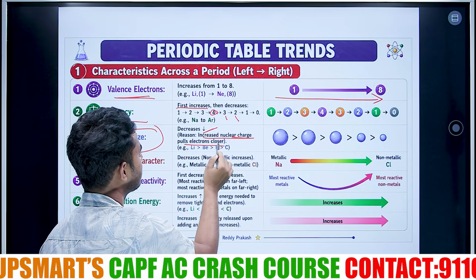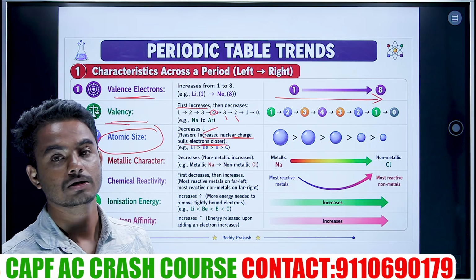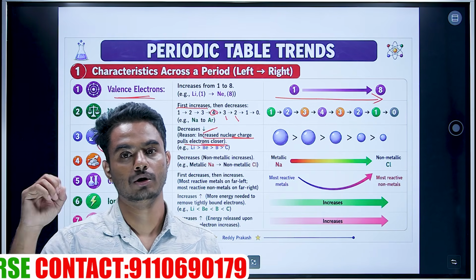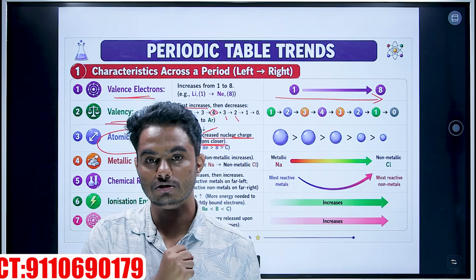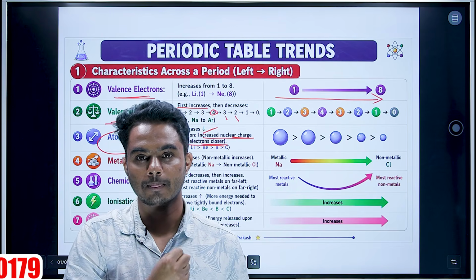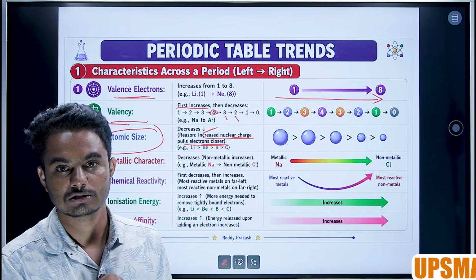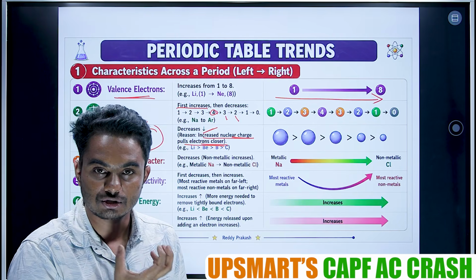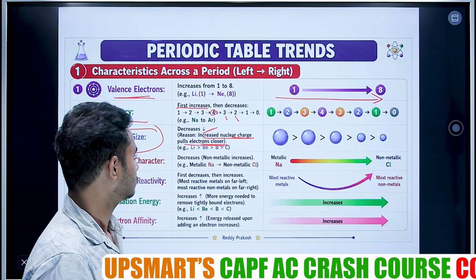When the charge is more, it will pull the electrons much closer. When it pulls more, what happens? It will make the element shrink, smaller.